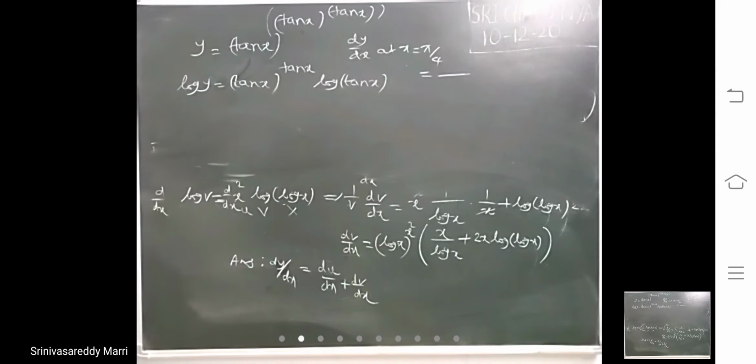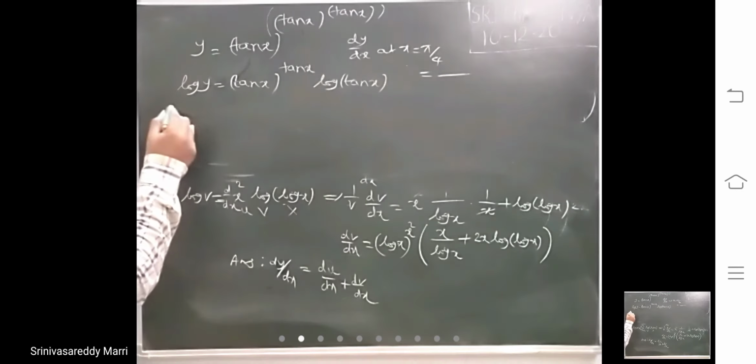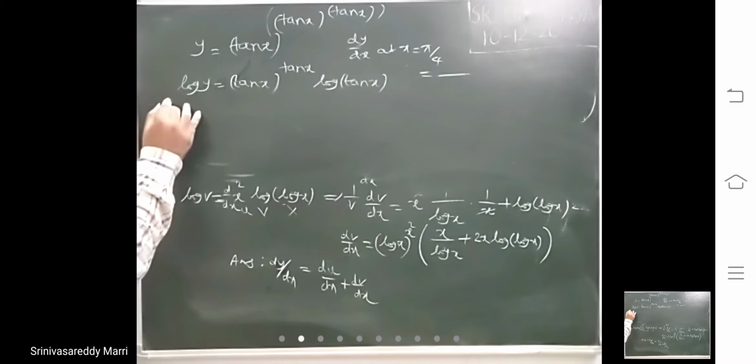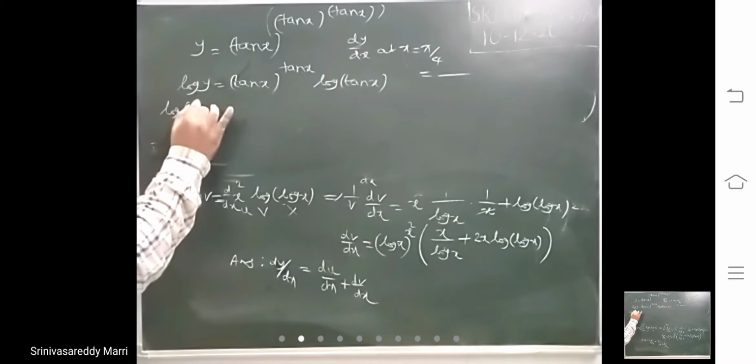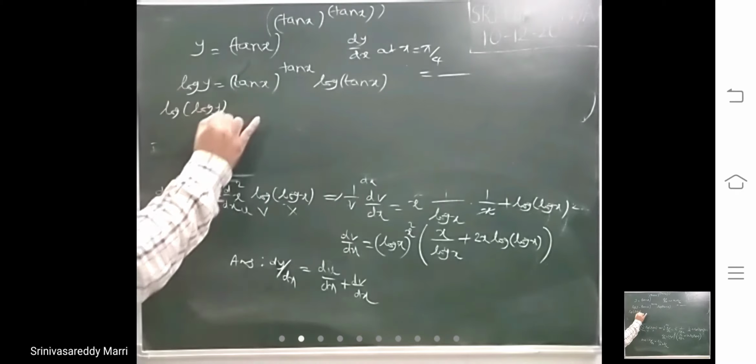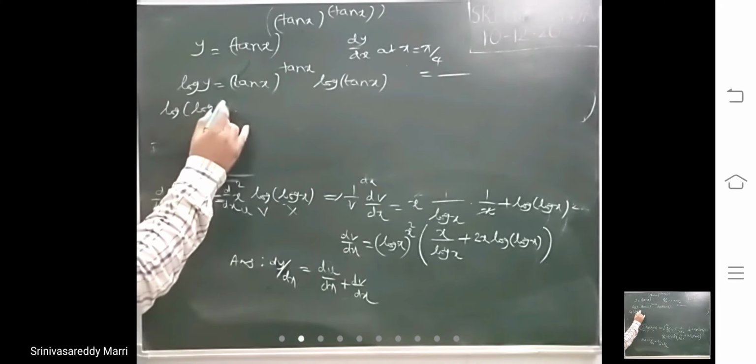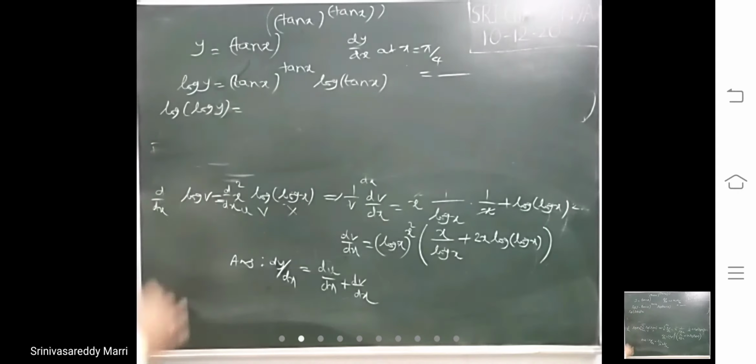Now this tan x power also I want to bring down, so again apply logarithm. Until all the powers are over, you apply logarithm.